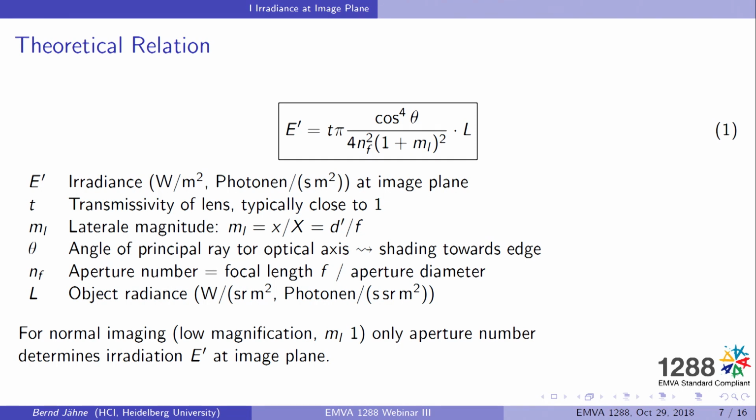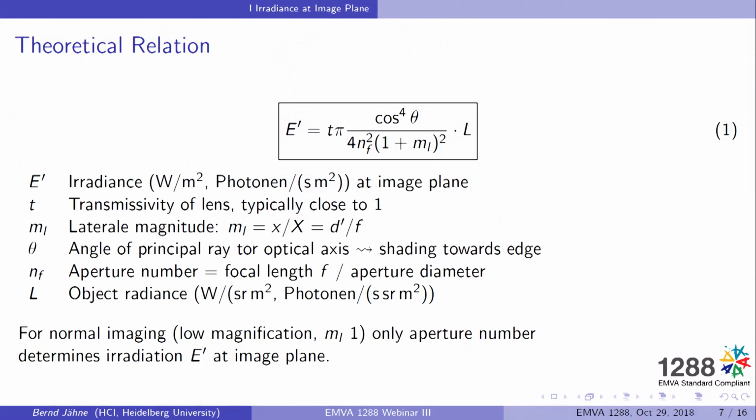You may think, well, we of course are interested in that cone, so it should be just the diameter of our lens. But that's actually not the case. It actually turns out that it is the so-called aperture number, which is the most important thing, which is the focal length of our lens divided by the aperture diameter.